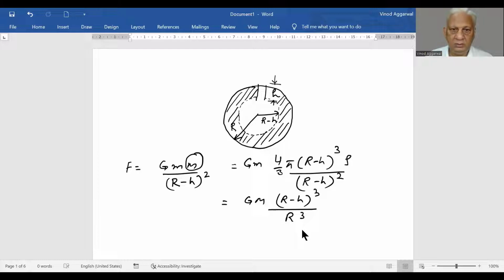And if this was small m, this would have been M. So the mass of this will be in the ratio of (R minus h) cube divided by R cube into M. M is the mass of the full Earth, divided by (R minus h) square. So this becomes G.